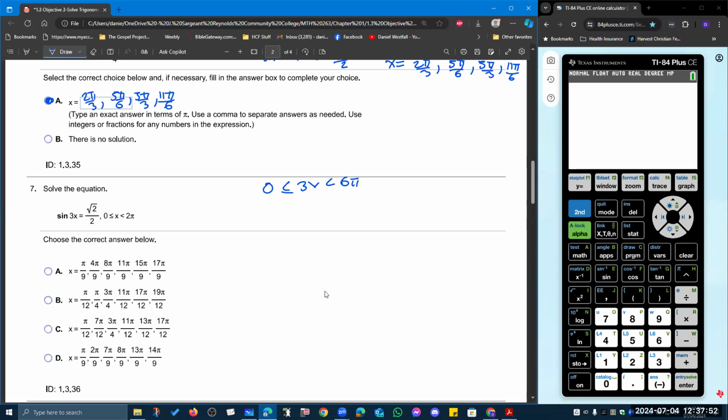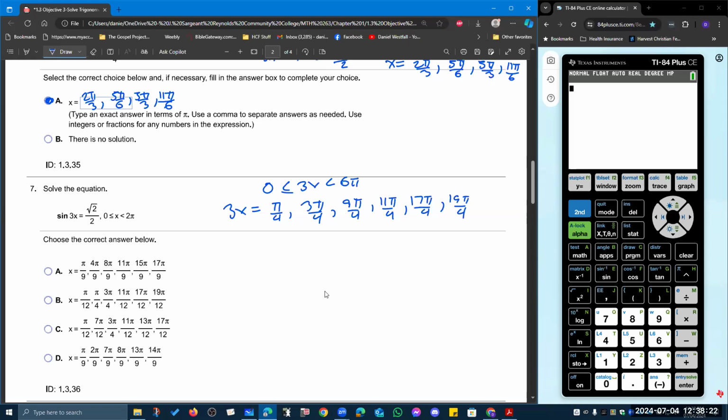So 3x is equal to pi over 4, 3 pi over 4. Let's add 2 pi, so that's going to be 9 pi over 4, 11 pi over 4. Let's add 2 pi again. It's going to be 17 pi over 4 and 19 pi over 4.